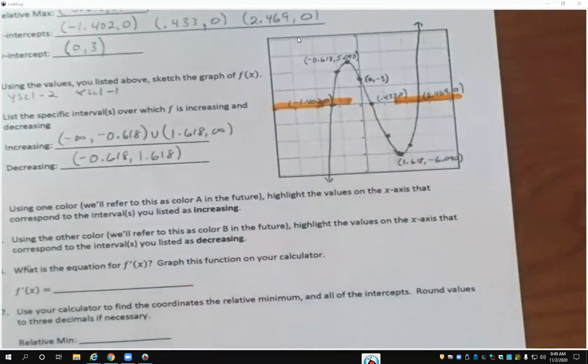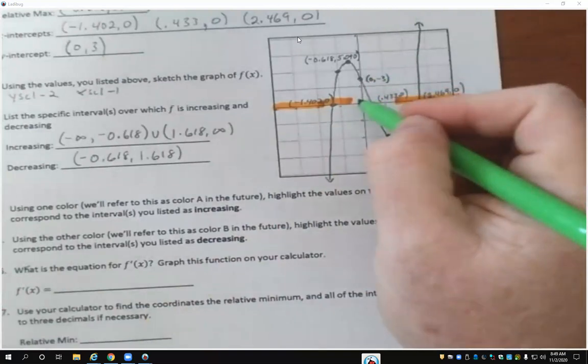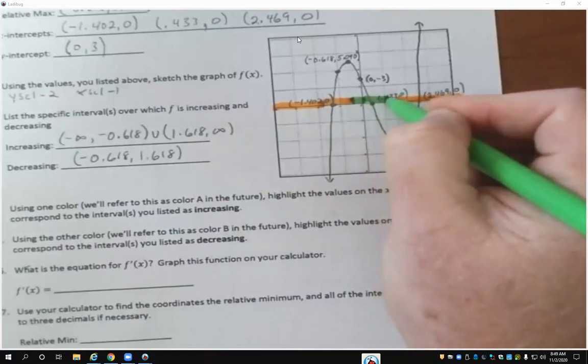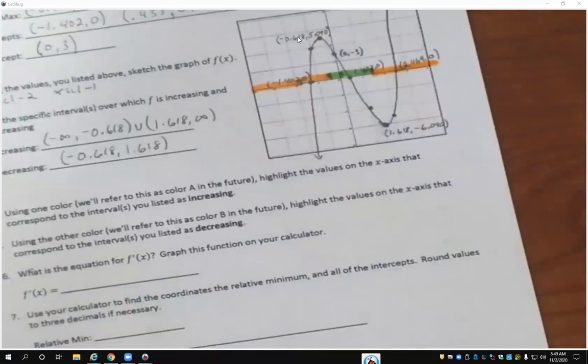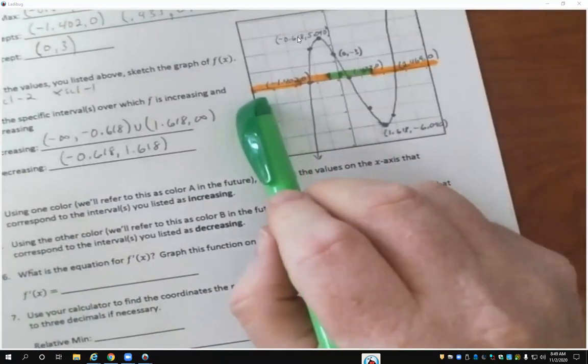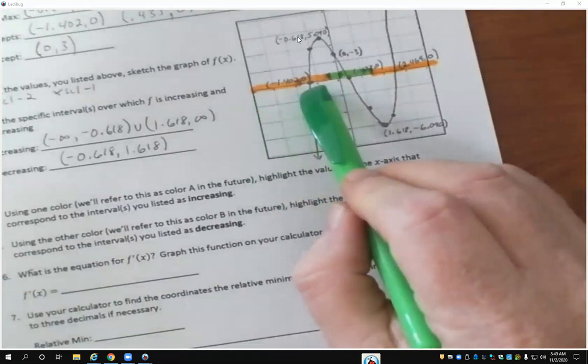And then using a different color, highlight the intervals where you are decreasing. So I'm decreasing from here to here. We're just highlighting the x-axis. We're increasing from negative infinity to negative 0.618.